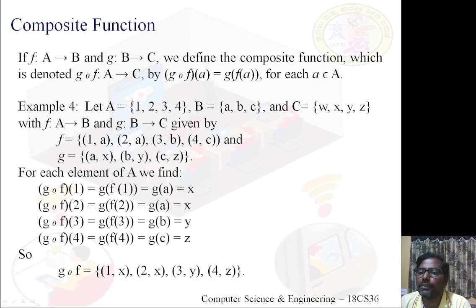So g dot f is a function from A to C. In function g dot f, the element 1 of domain A is mapped to element x of codomain C. Similarly, the element 2 of domain A is mapped to element x of codomain C. The element 3 of domain A is mapped to element y of codomain C. The element 4 of domain A is mapped to element z of codomain C. Got it? So this will form a composite function.